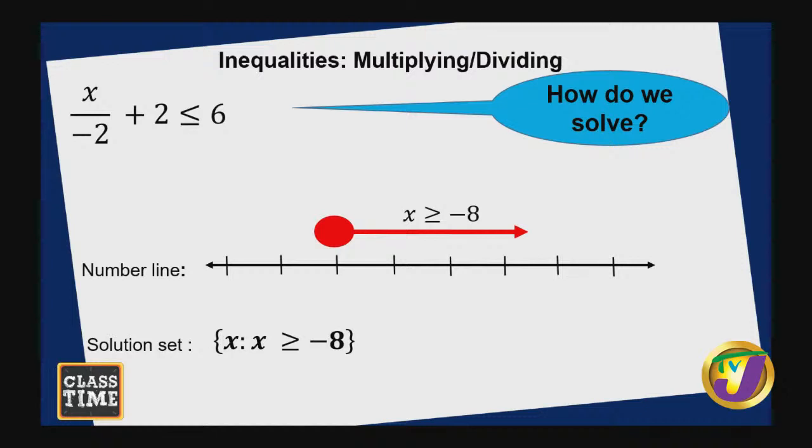And of course, the solution set written in set notation would be x is such that x is greater than or equal to negative 8. So we are thinking about all those numbers that are to the right of negative 8, to include negative 8.